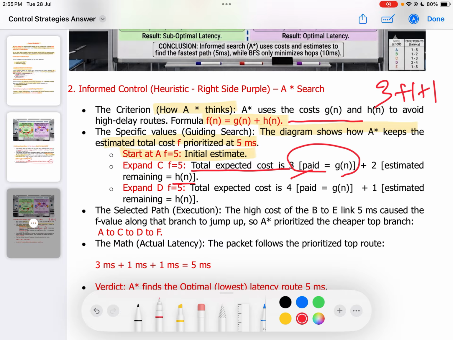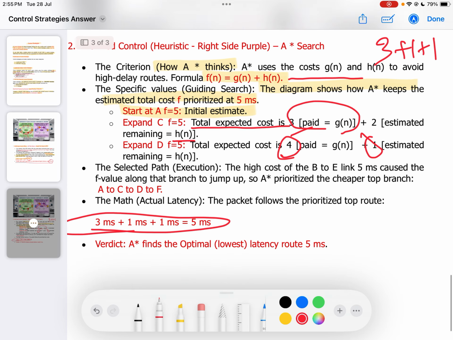That is g(n). 2 is the remaining path, that is h(n). When it goes to D, 4 is paid and 1 is estimated, which is h(n). Totally, the total cost is 3 plus 1 plus 1, which is 5 milliseconds.